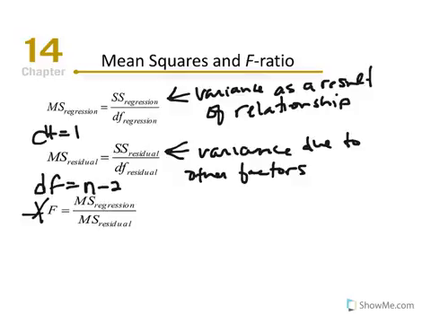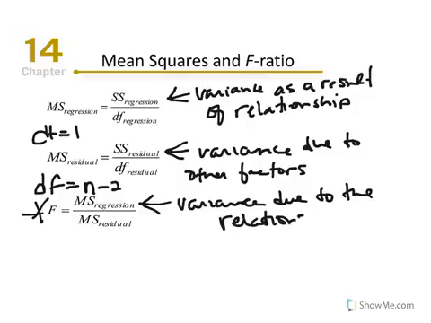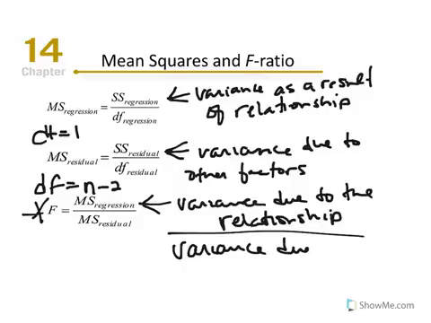So similar to analysis of variance, once we get our MS regression and MS residual, the F statistic is the ratio between those two. Again, the numerator expressing the variance due to the relationship, and then over, as we just indicated, variance due to other factors.